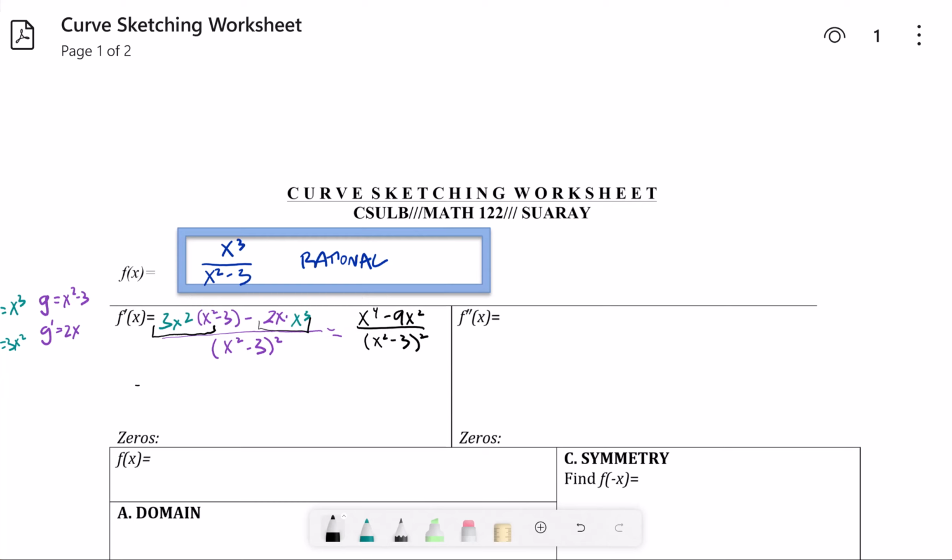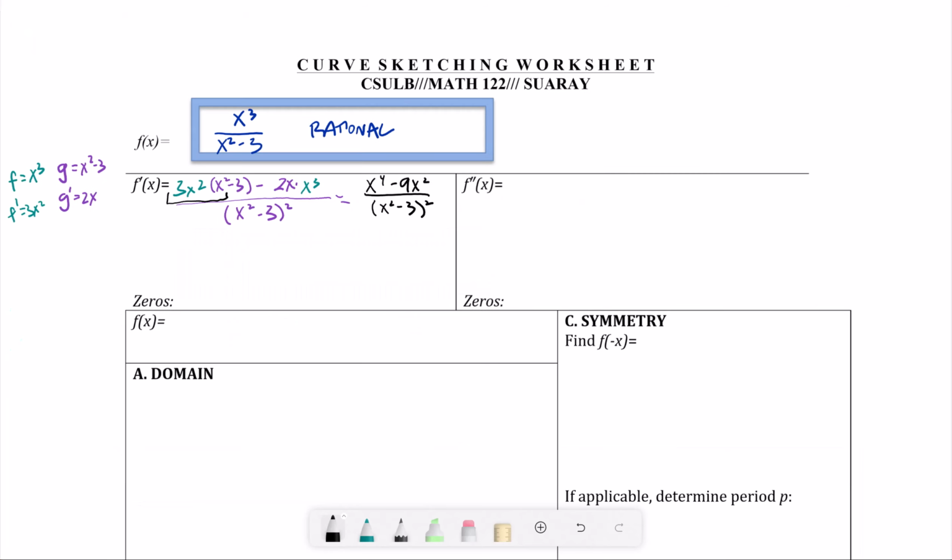And as you work through this curve sketching worksheet, in order to find those zeros, we gotta factor it out. So we have x squared times x squared minus 9 over x squared minus 3 quantity squared.